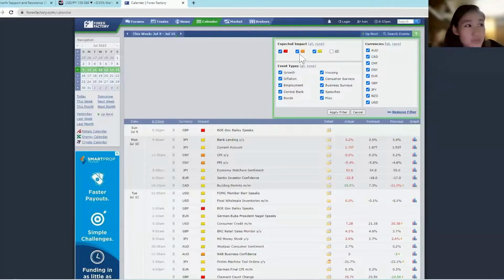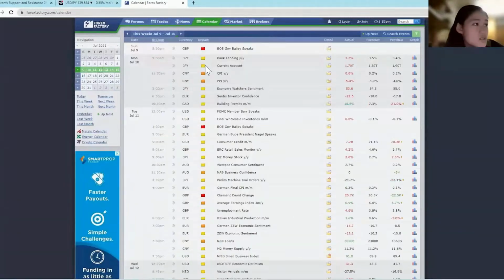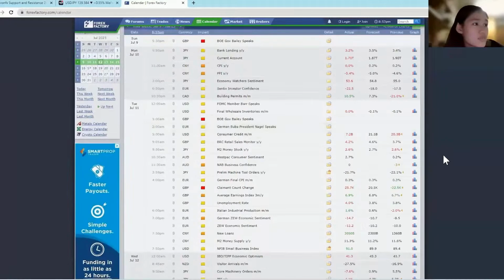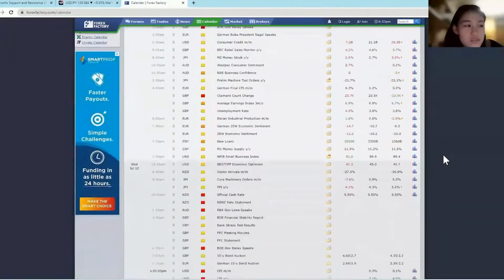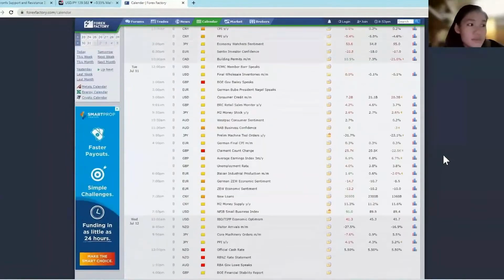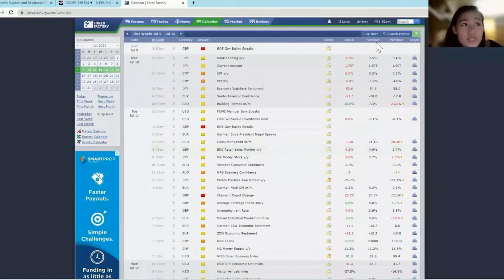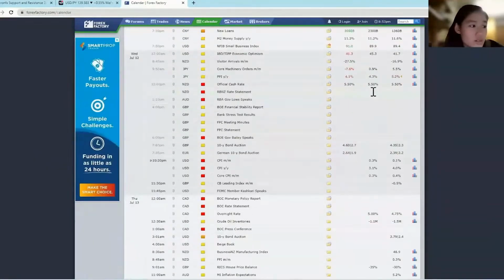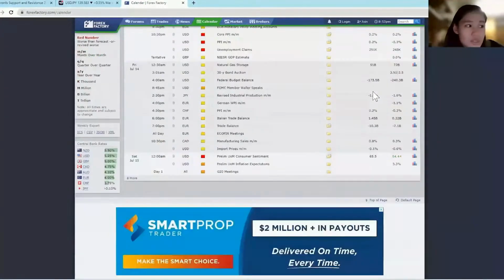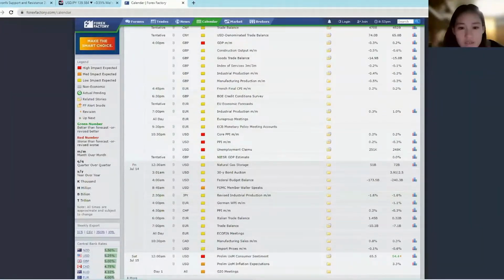But I know a lot of people prefer to look at these as well. If you're talking about Japan, yeah, we will follow these as well, like all of the forecasted and previous results. Yeah, not just technical analysis.